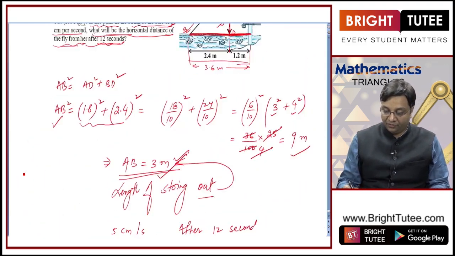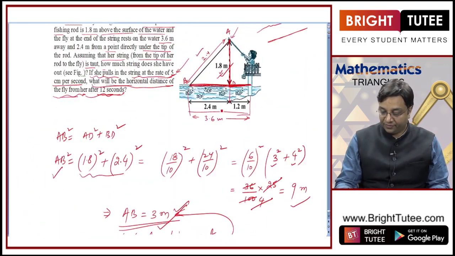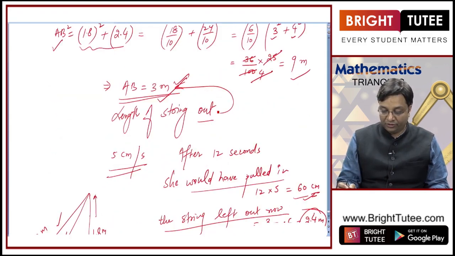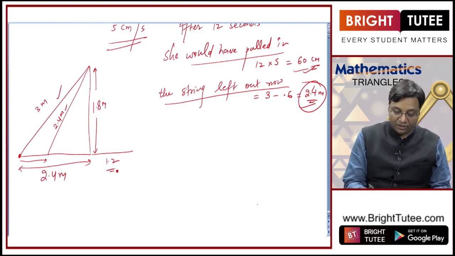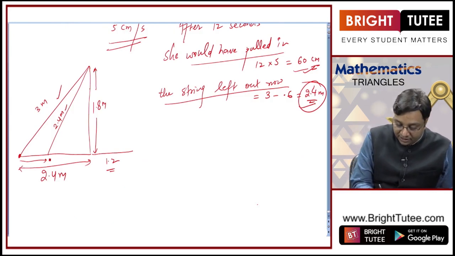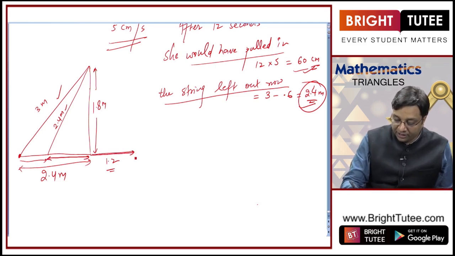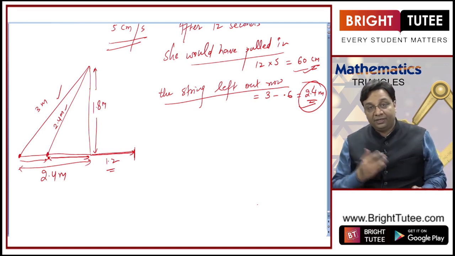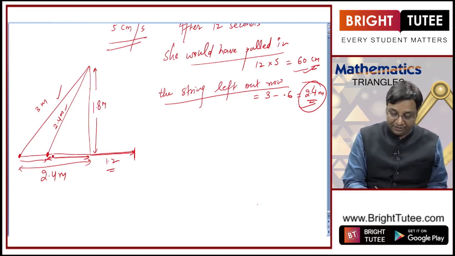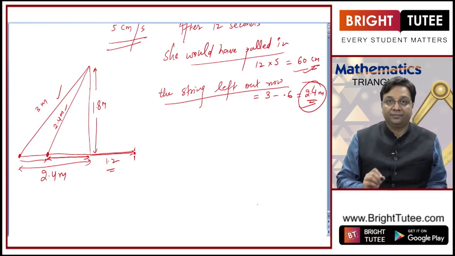And what was this distance here? I am talking about this triangle here. So this distance was 2.4 meter, right? Finally, I'll have to add 1.2 in my answer. So what I am trying to find out here is this distance, and then I'll add 1.2 in it to find the distance of fly after 12 seconds from her.